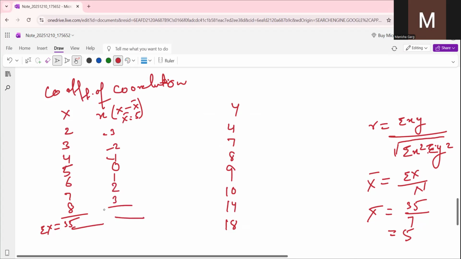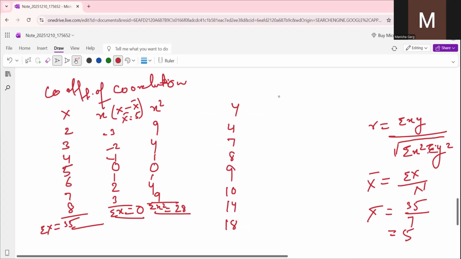And summation of x is equal to 0. Then we will do the square of the x series. x square: 9, 4, 1, 0, 1, 4 and 9. And summation of x square is equal to 28.